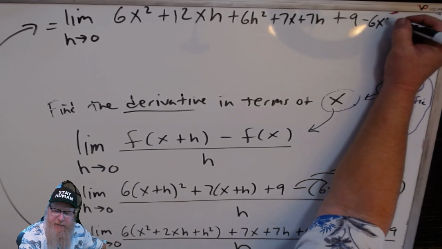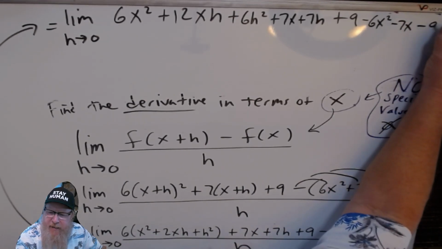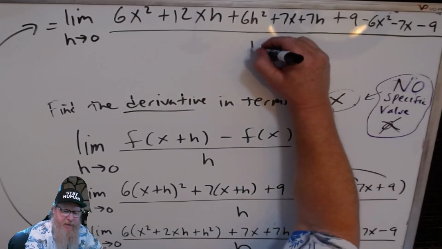Squeeze this in. Minus 6x squared minus 7x minus 9 all over h.